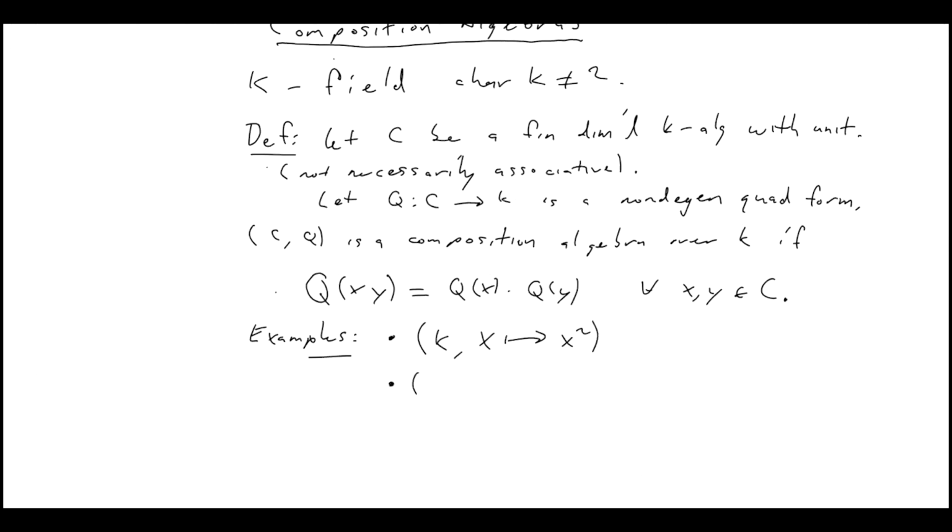All right, there are some more examples in dimension 2. We can take 2 copies of K, and our quadratic form can just come from multiplying those 2 values together.